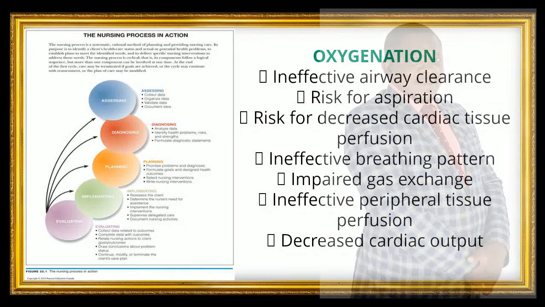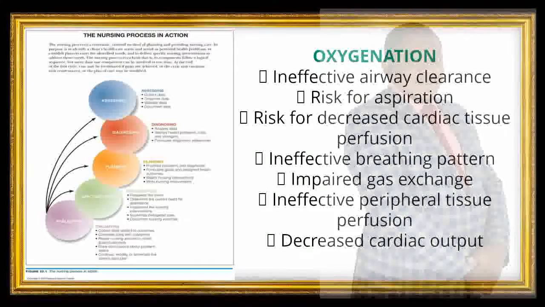which is oxygenation. There are problems to do with oxygenation that form the root of your nursing diagnosis. Some of the problems may include ineffective airway clearance, risk for aspiration, risk for decreased cardiac tissue perfusion, or ineffective breathing pattern.